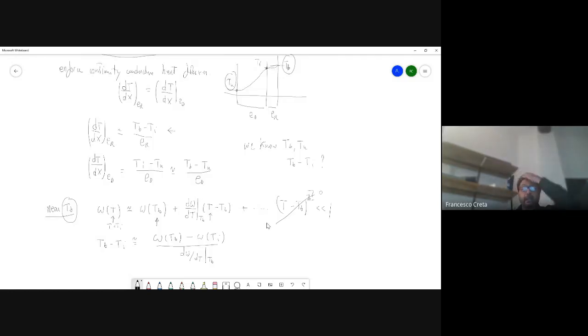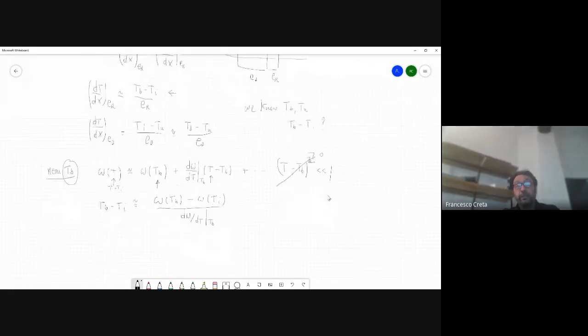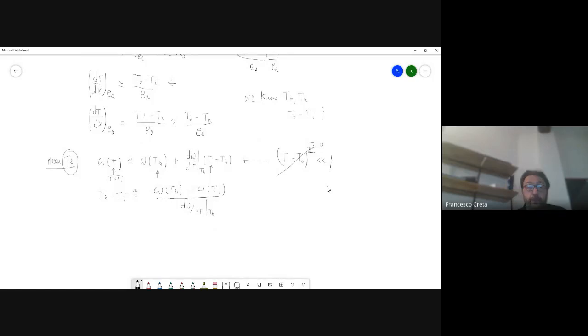And remember that for temperatures lower than the ignition temperature, the reaction rate is 0. So we can say essentially that the ignition temperature is the last temperature for which we can assume that the reaction rate calculated at the ignition temperature is still 0.